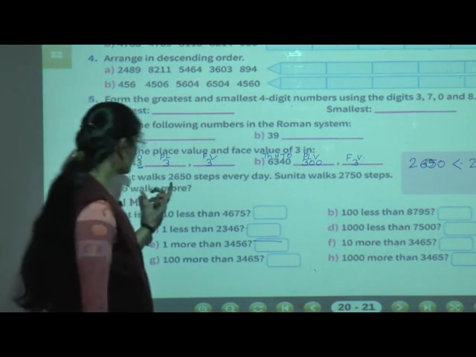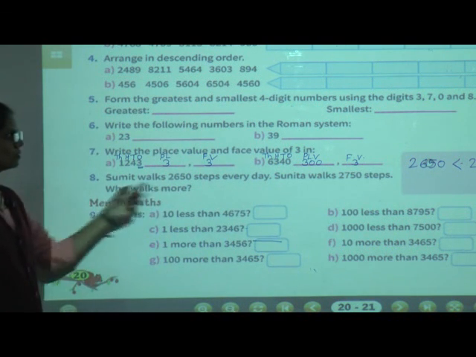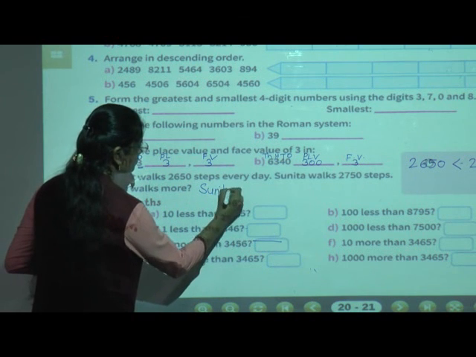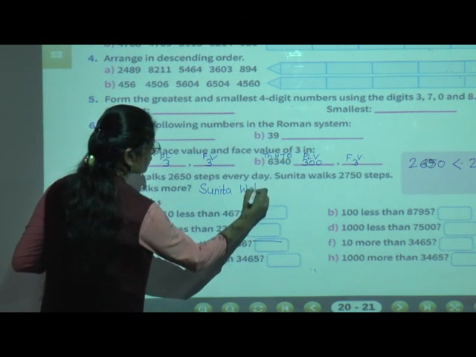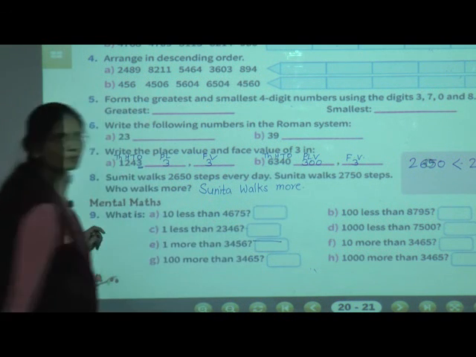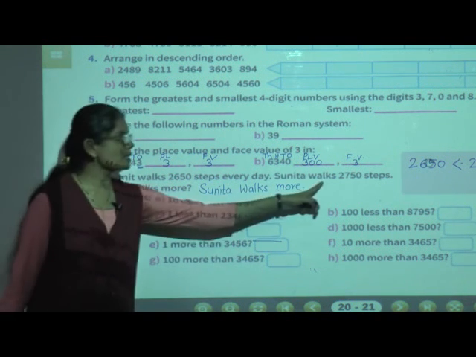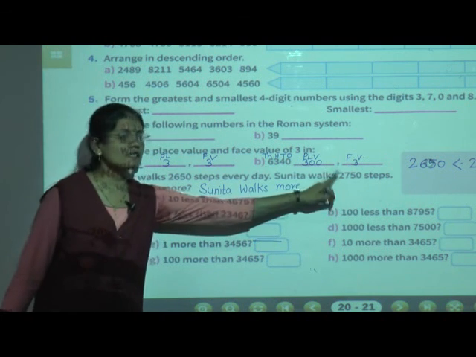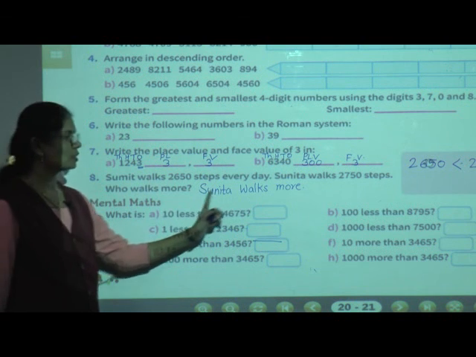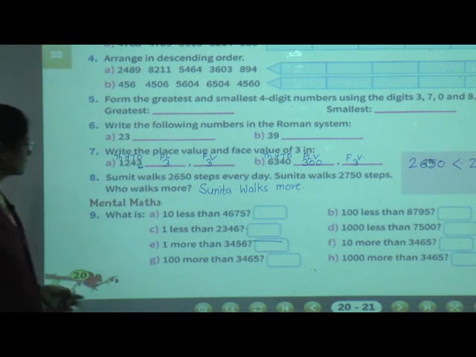So what will be the answer? Who walks more? Yes, of course, Sunita walks more. This will be the answer. Why? Because 2750 is greater than 2650. So Sunita walks more.